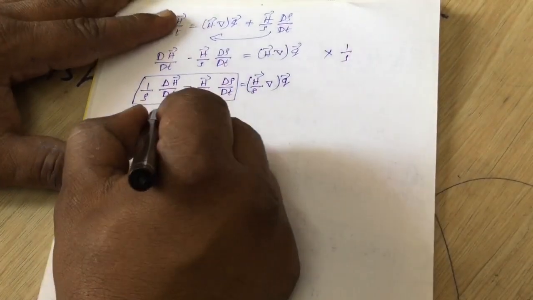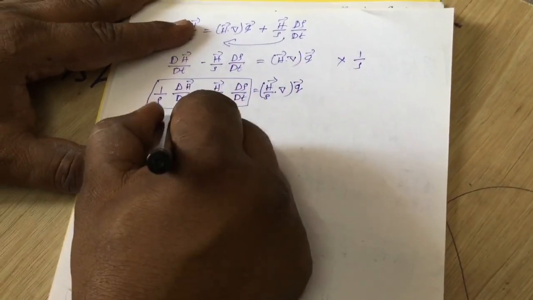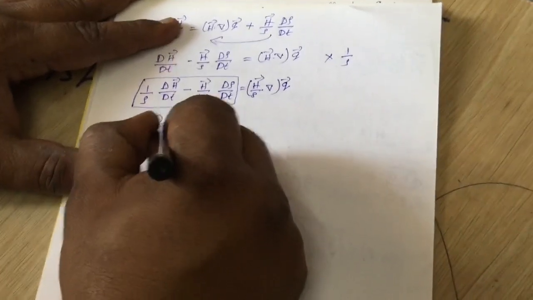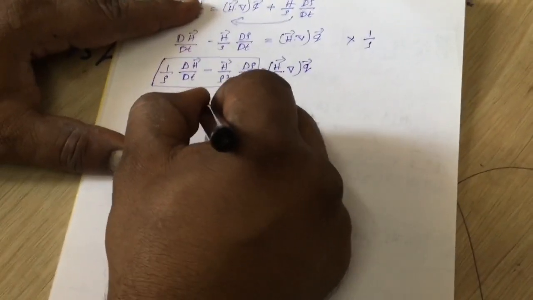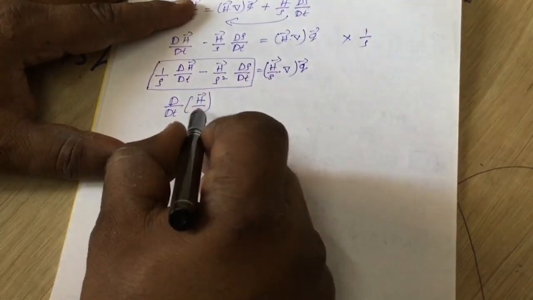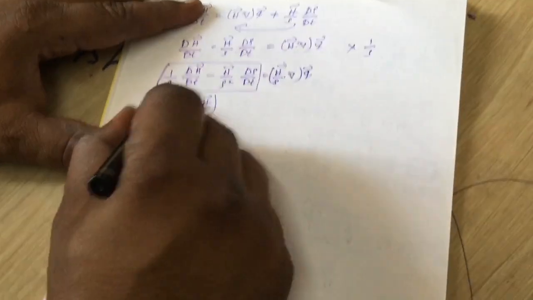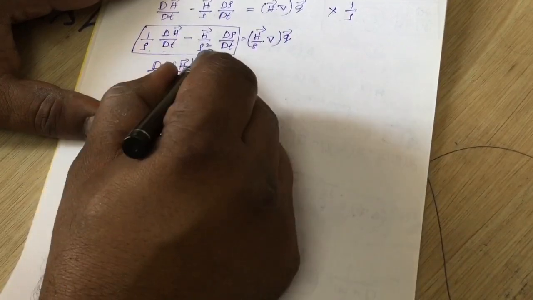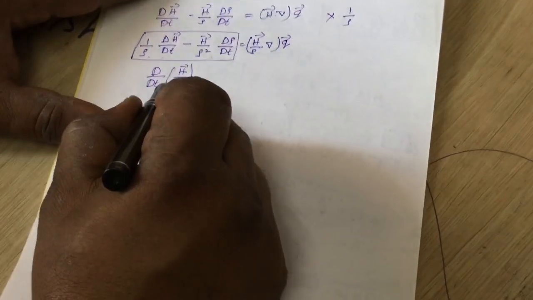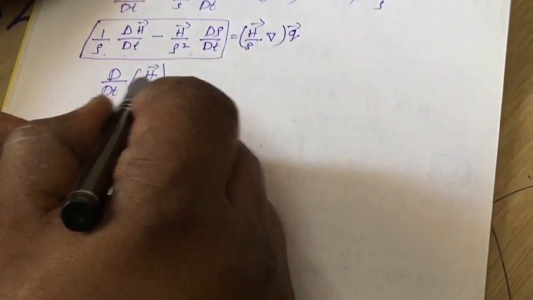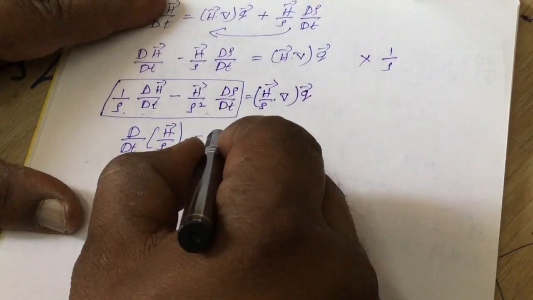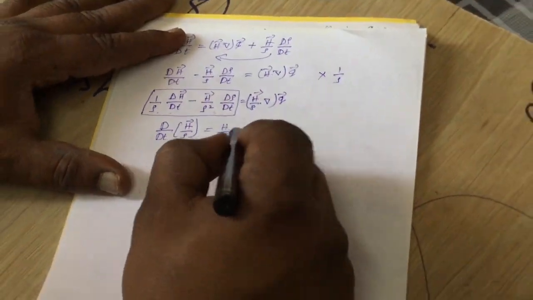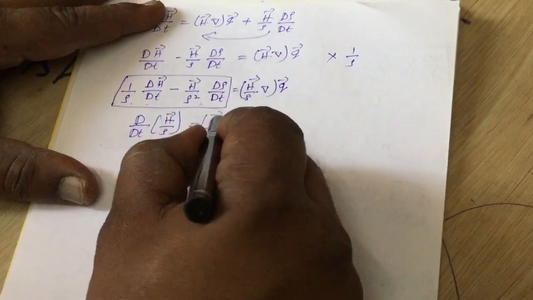You can write this as d by dt of H by rho, because by differentiating this you are going to get these two terms. This is equal to H by rho dot del of Q.